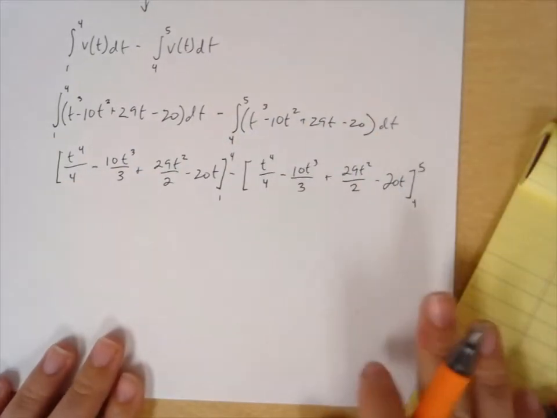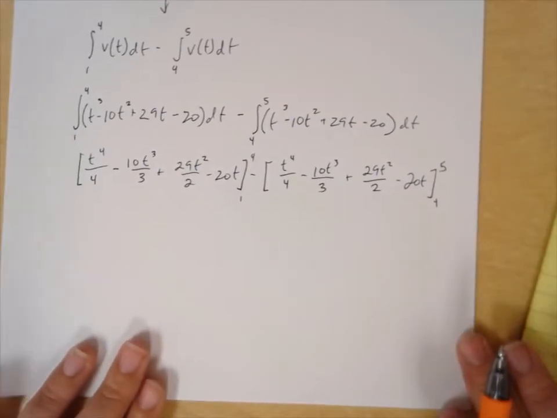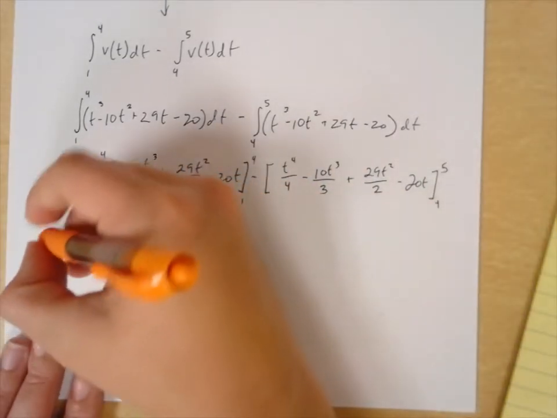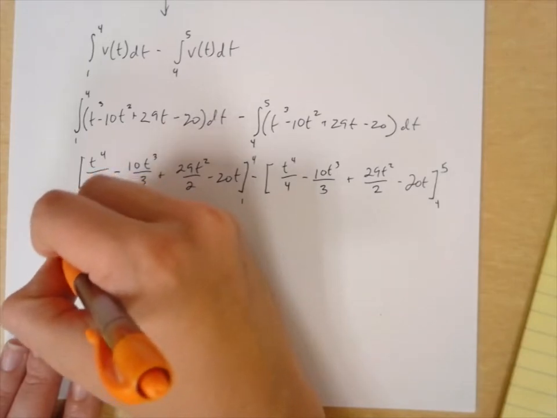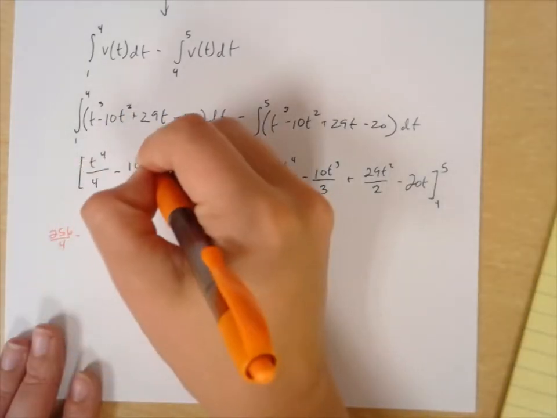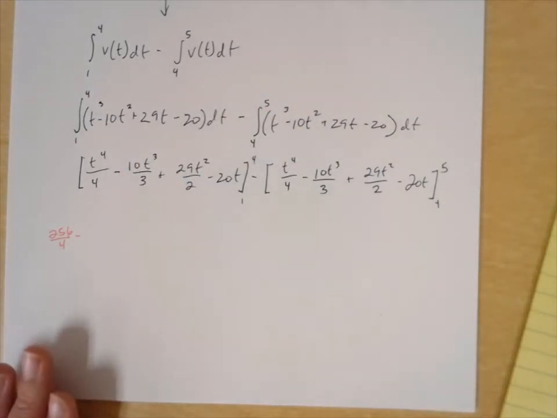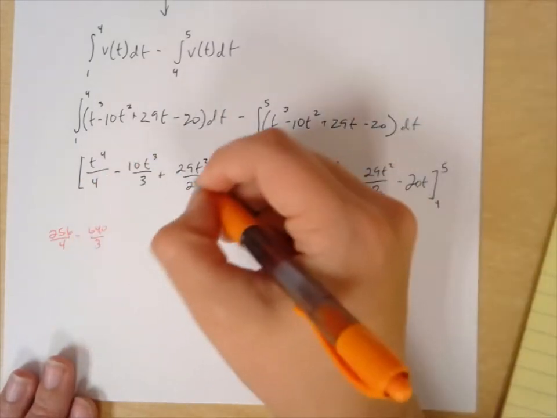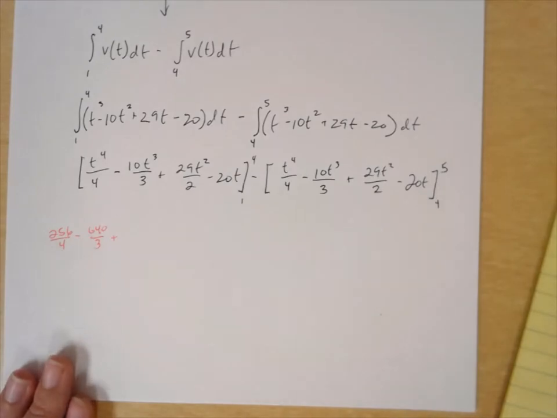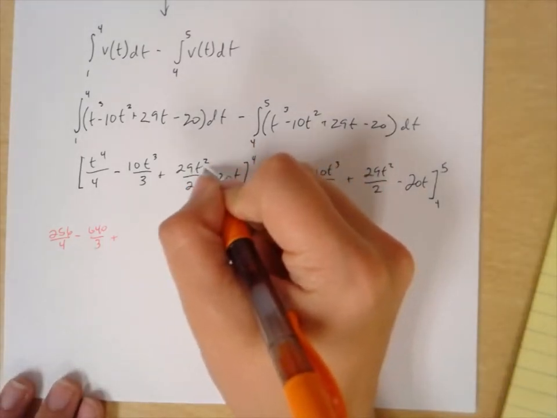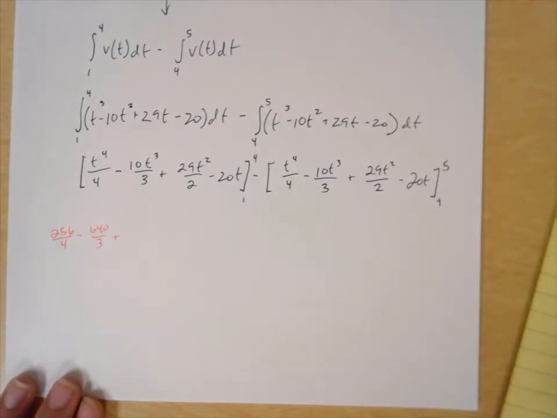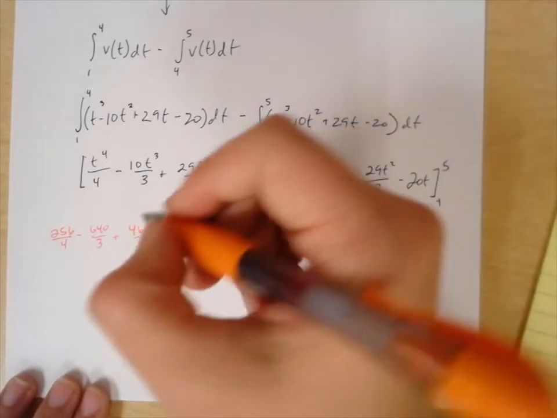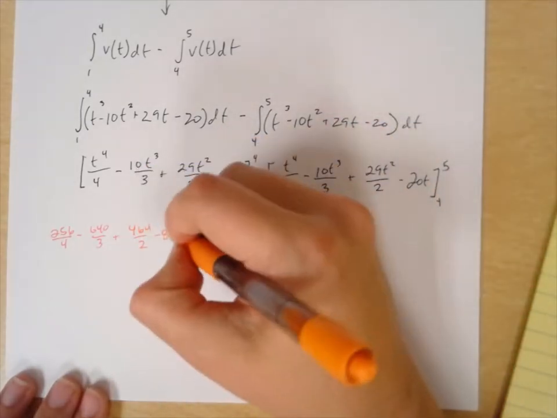I'm going to write this out in a different color because I'll write it all out, but then I'll just simplify with the calculator so it's a little bit easier on us. 256 over 4, and then I would get 64 if I cubed 4, and then 64 times 10 is 640 over 3, plus 29 times 16, right? 4 squared is 16. 29 times 16 gets me 464 over 2. And then lastly, negative 20 times 4 is negative 80.